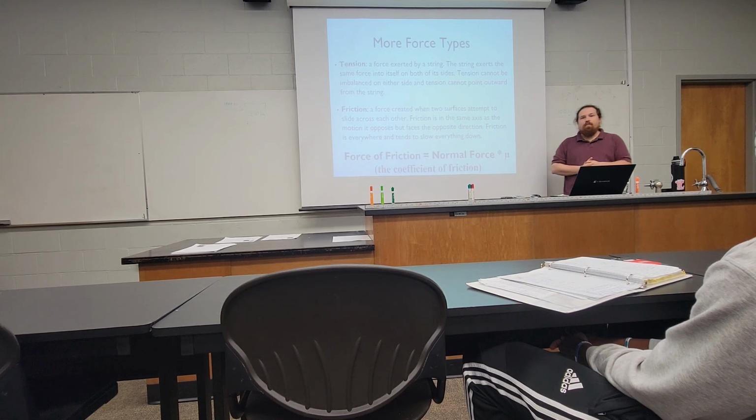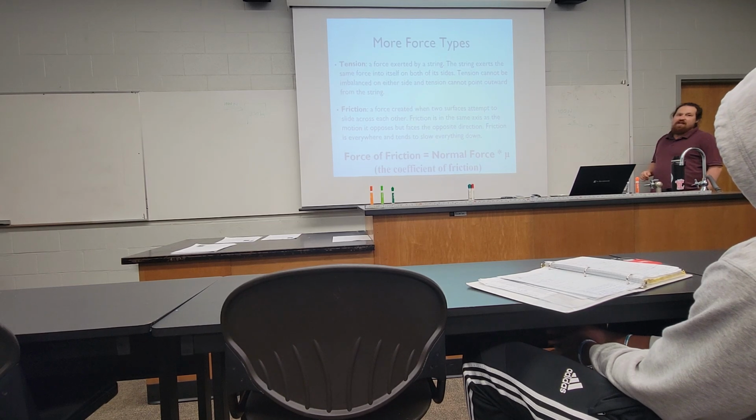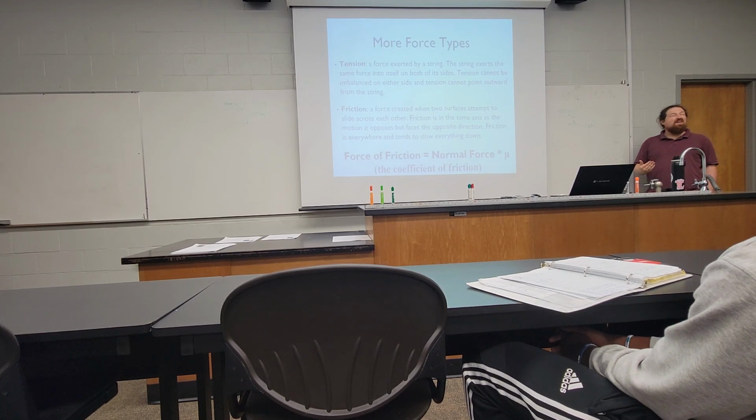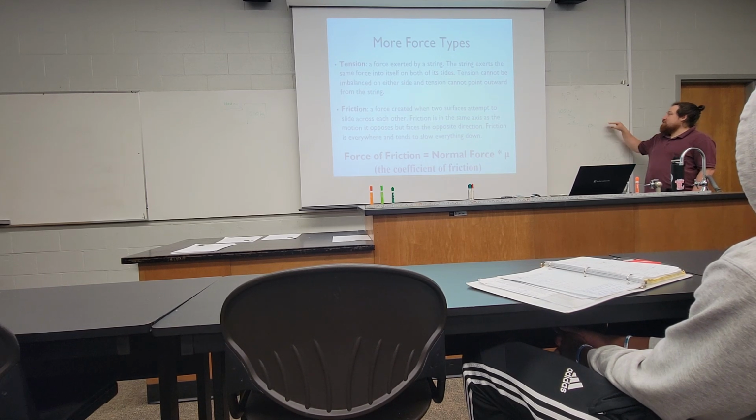Friction opposes motion. And so, to use this image as an example, say we're trying to push this box, and we're going to apply a rightward pointing force. We want to push this box to the right. And the box does begin moving to the right. However, that box is sliding across the ground, and the ground secretly says, no, no, no, no. And it applies friction to try to stop that from happening.